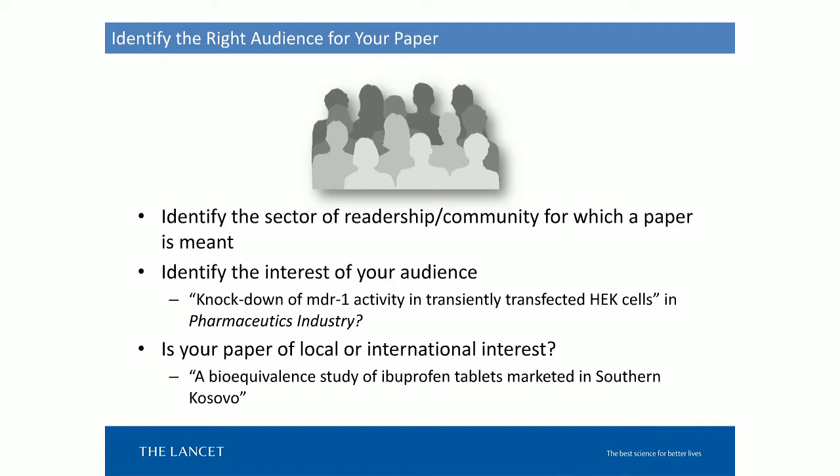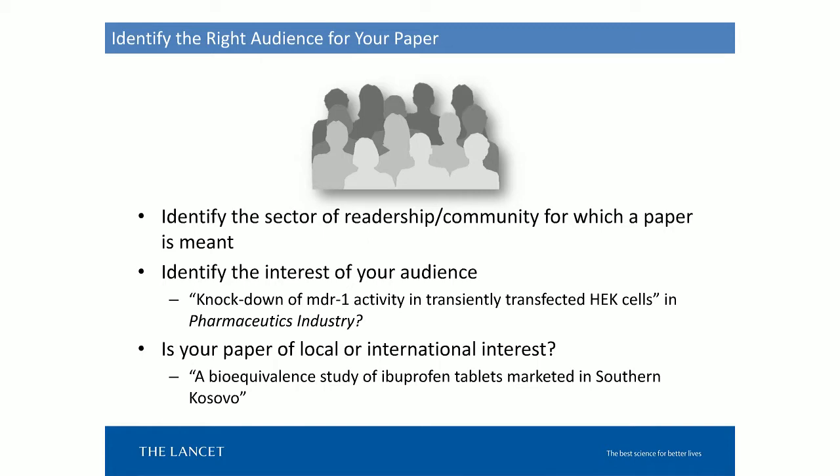So the first thing you need to do in considering who you're writing for, and where you're going to submit your paper, is to identify the right audience for your paper. That is, the sector of readership or the research community for which your paper is intended.